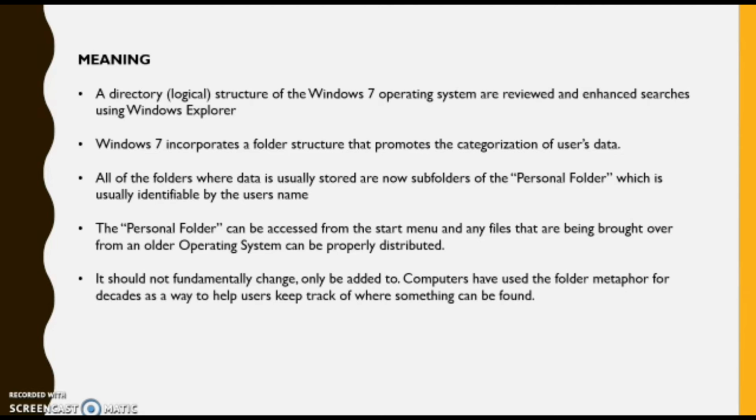All of the folders where data is usually stored are now subfolders of the personal folder, which is usually identifiable by the user's name. The personal folder can be accessed from the Start menu, and any files that are being brought over from an older OS can be properly distributed.